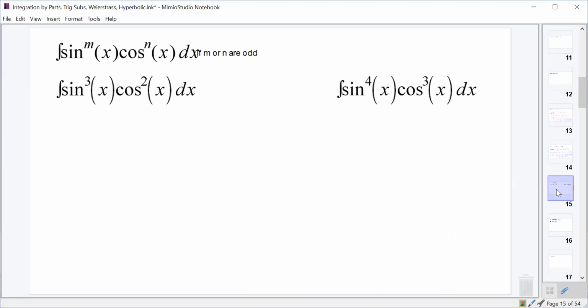All right. What if we've got multiple trig functions in there? So sine to the m, cosine to the n. As long as one of them is odd, what should we be able to do?